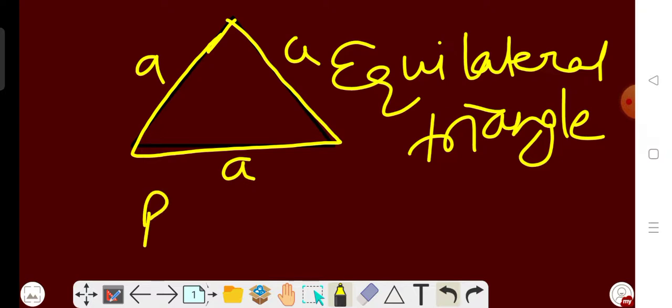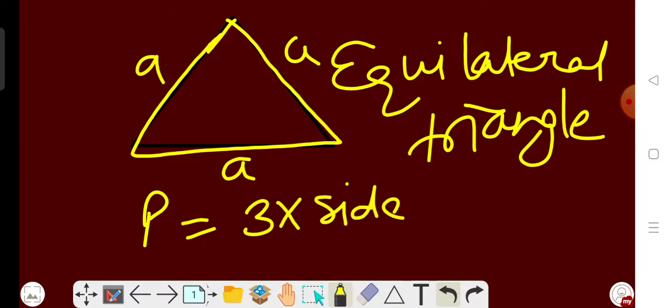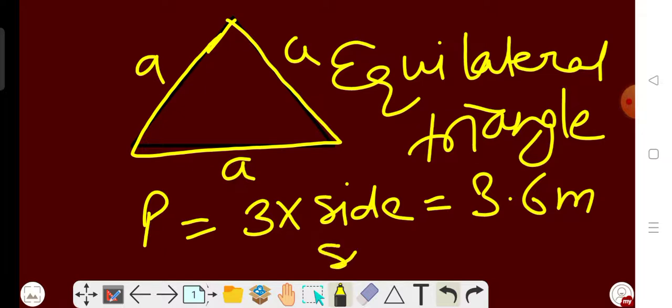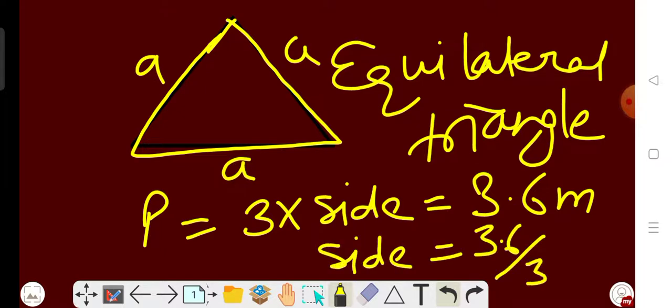So the perimeter of the equilateral triangle is 3 multiplied by side and that is equal to 3.6 meter. From here the side will be 3.6 divided by 3 and that is equal to 1.8 meter. So the side of such an equilateral triangle will become equal to 1.8 meter. So this is the solution of the C part of your question number 7.